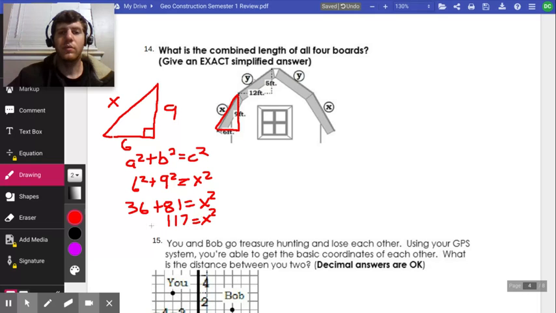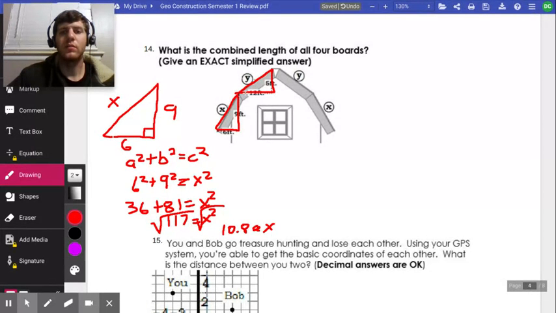To get rid of the square, you have to take the square root. So we take the square root of 117, which gives me approximately 10.8. So x is going to equal approximately 10.8.